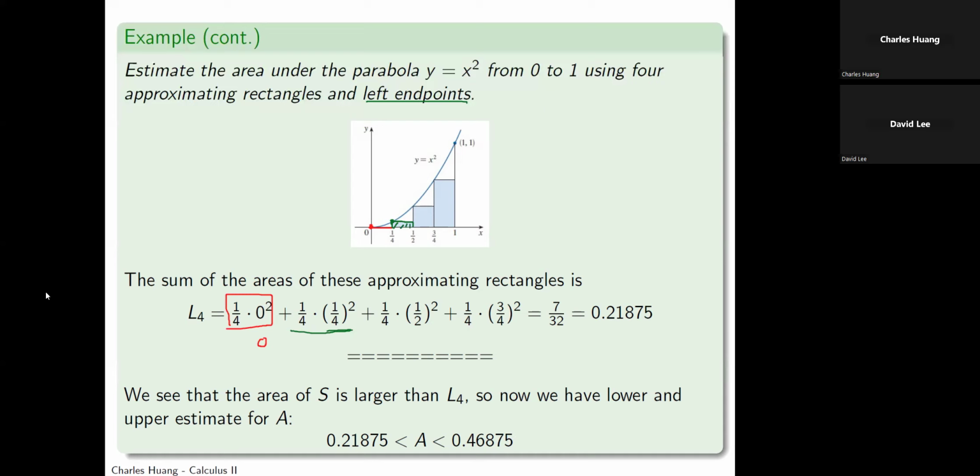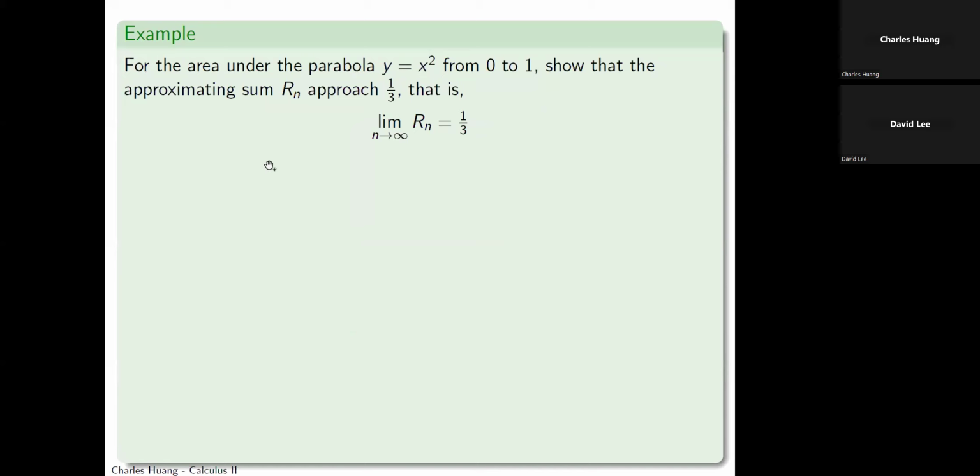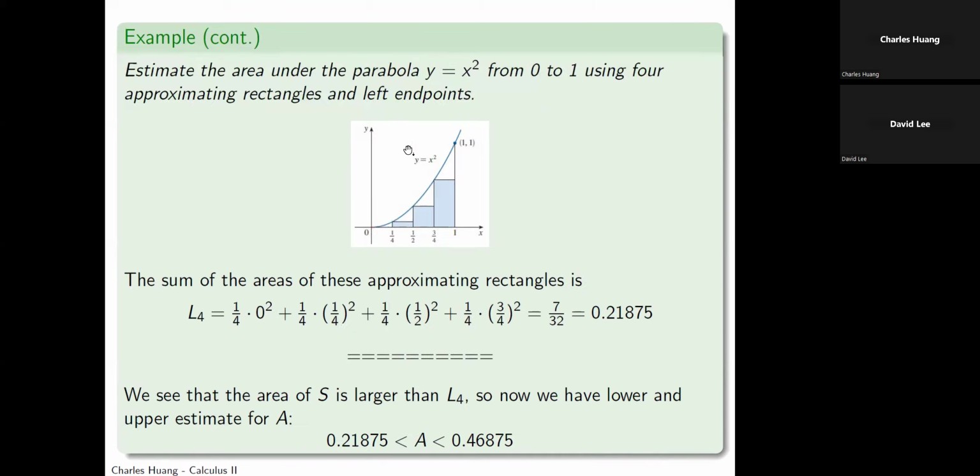Okay, next. What we have established now is a way to calculate area. Now this way is not very accurate, right? It's just like when we are trying to find the slope of the tangent line, we say, hey, remember in high school we pick another point and then we can connect them as a straight line.